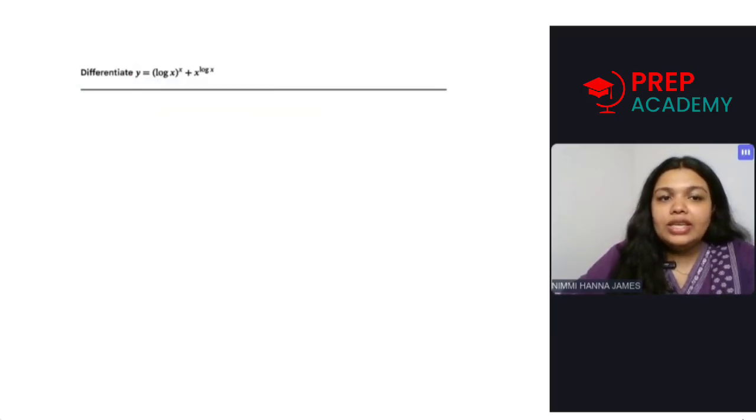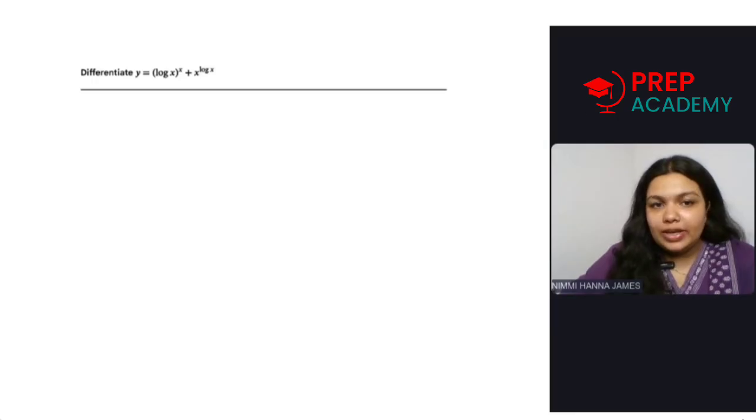Now another question, y is equal to log x raised to x plus x raised to log x. This is where we use logarithmic differentiation. As I've said earlier, we use logarithmic differentiation when there is one function as the power and another as the base.